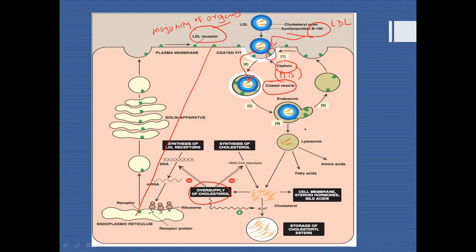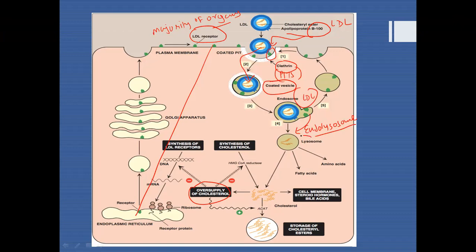So there will be formation of an endosome, which will take up the LDL, and it will be transferred to the lysosome, and then there will be formation of the endolysosome.